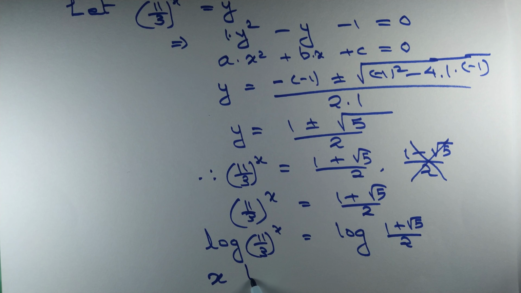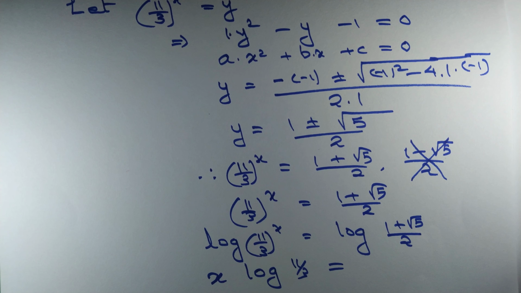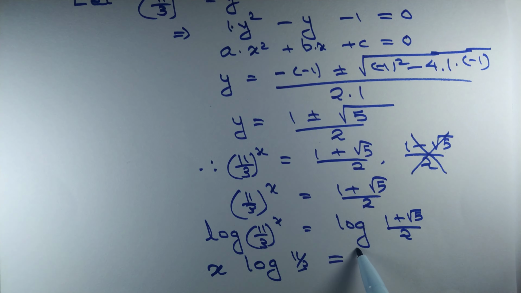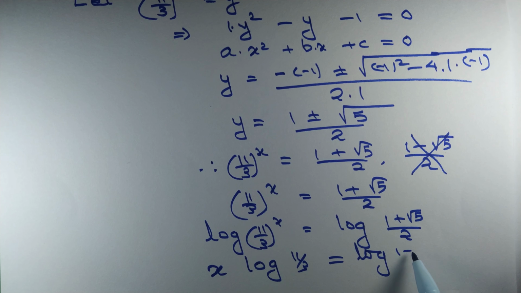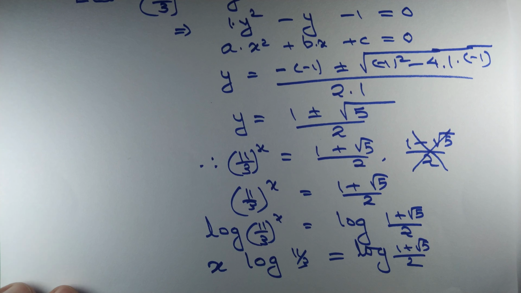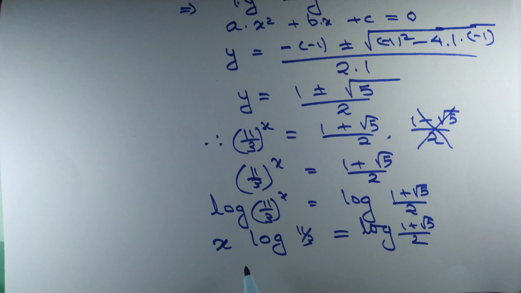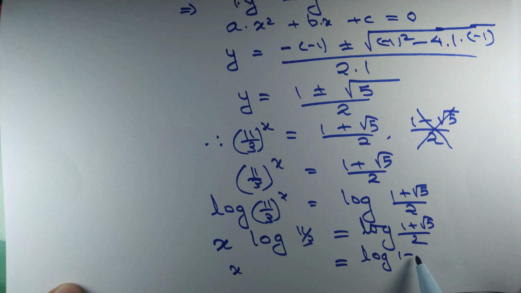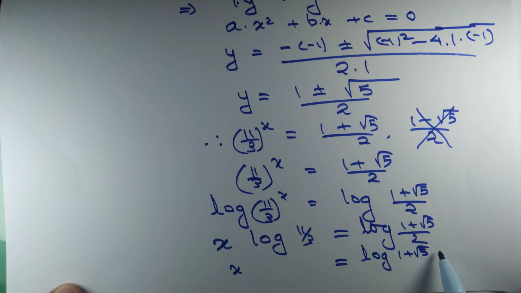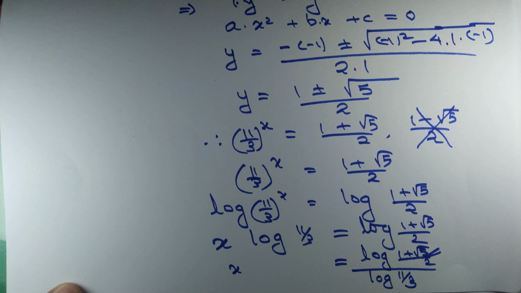So x into log of 11 by 3 equal to log of 1 plus root 5 by 2. Lastly, we can simply write x equal to log of 1 plus root 5 by 2 divided by log of 11 by 3, and we are done.